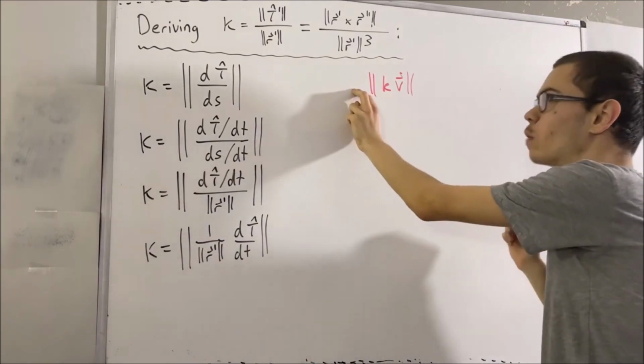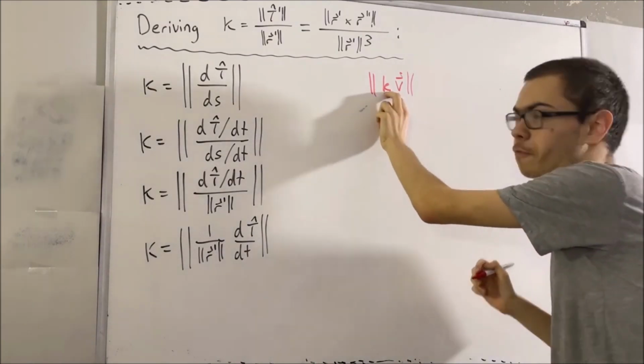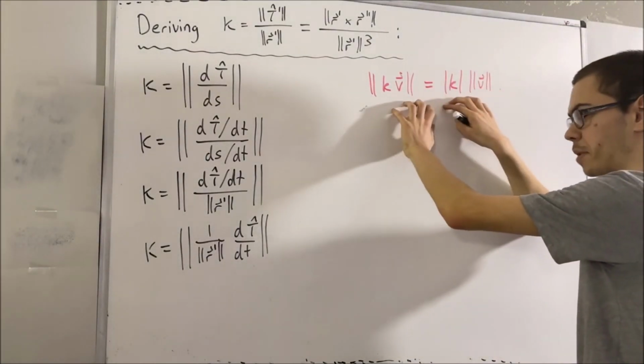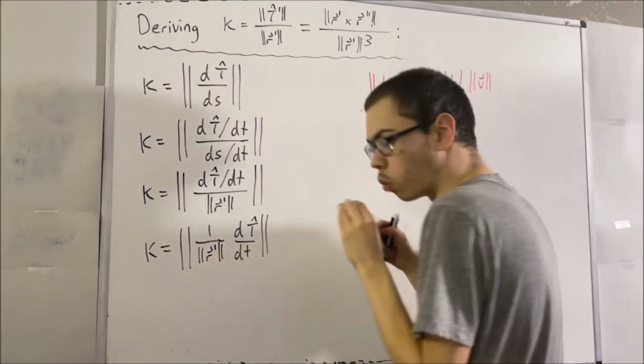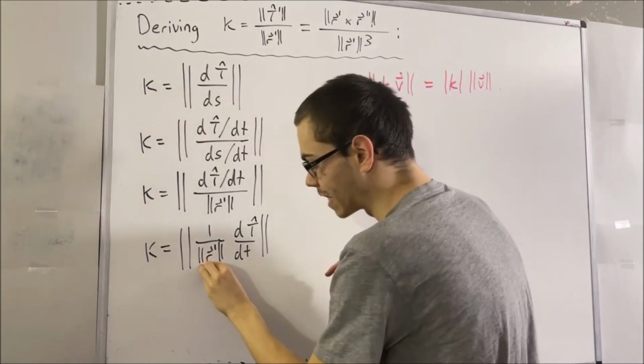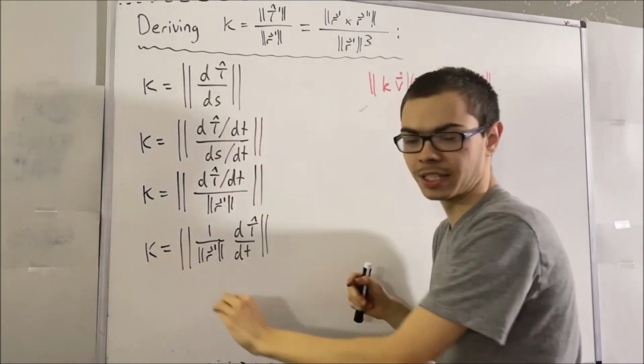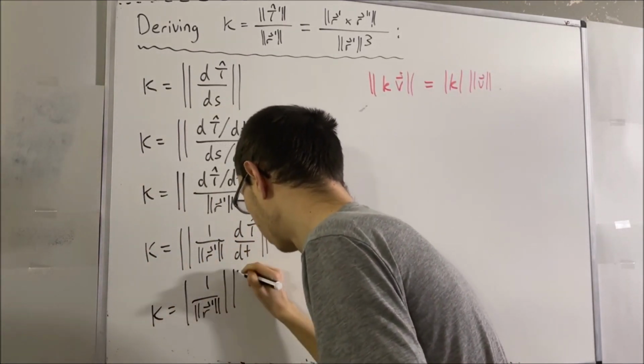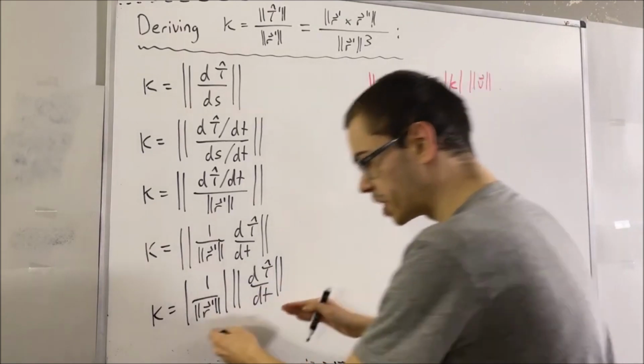But when we do that, we have to make sure that we put an absolute value in front of the scalar. So really, we're going to apply this property to what we have here. We're going to pull out the 1 over magnitude of r prime from the magnitude and put an absolute value in front of it. And so this is what we really get.